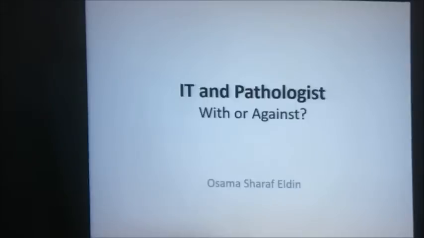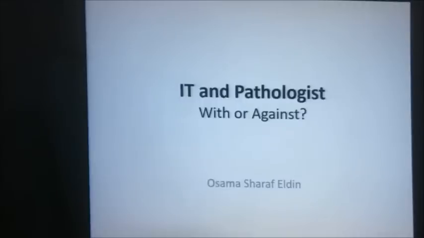So I can dictate the report, and the report will be automatically typed. Okay, so no need even for the secretary to type anything for you. You will dictate, you will then amend the report, and eventually you can authorize the report. Okay, so everything will be online from next week in our department.